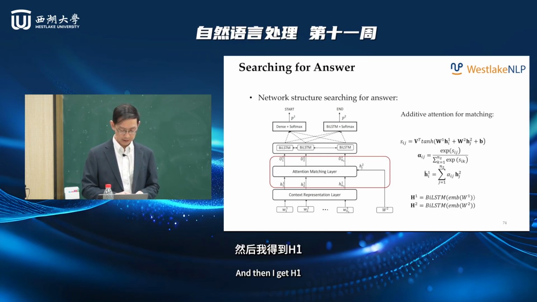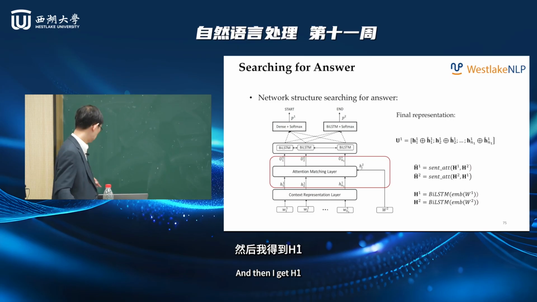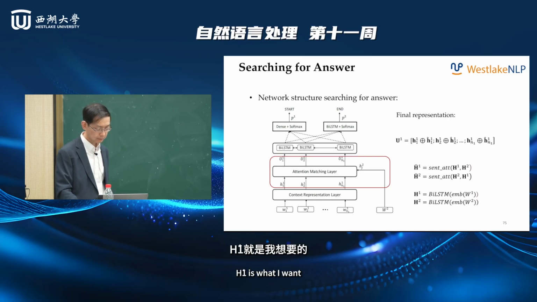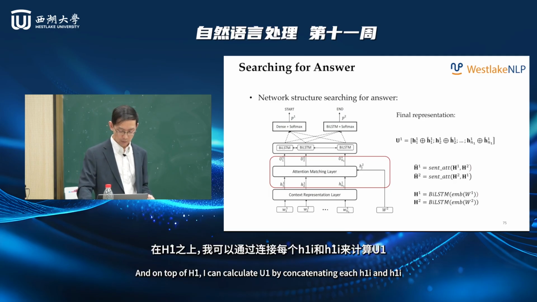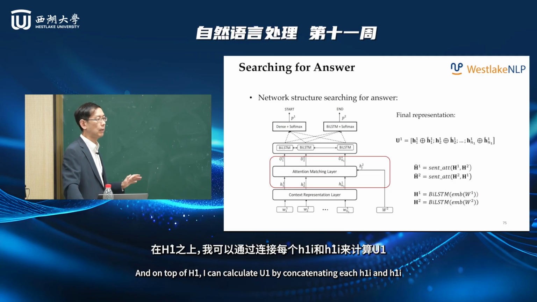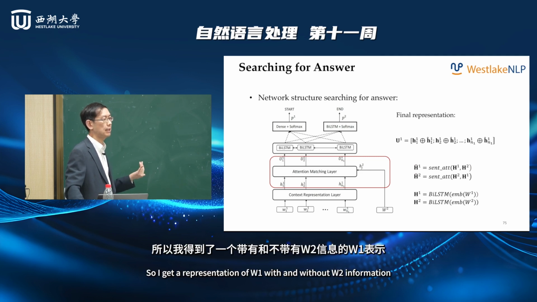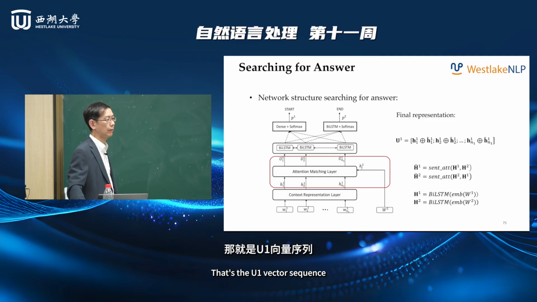And then I get H1 hat. H1 hat is what I want. And on top of H1 hat, I can calculate U1 by concatenating each H1i and H1 hat i. So I get a representation of W1 with and without W2 information. That's the U1 vector sequence.